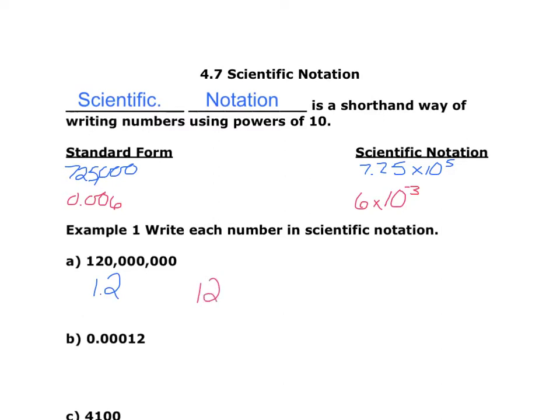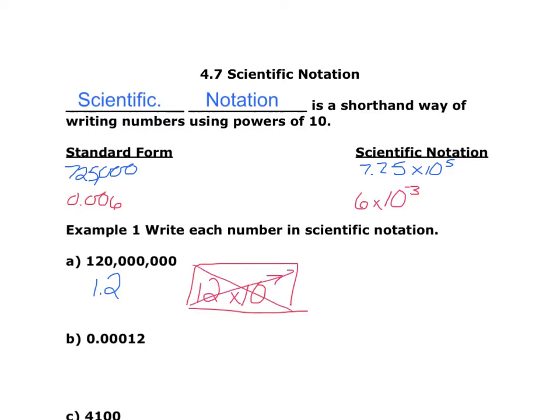They'll say 12 times 10 to the 1, 2, 3, 4, 5, 6, 7th power. Okay? We can't do this because my number that is out in front is not a number that is between 1 and 10. It has to be less than 10. There can only be one digit in front of the decimal place in scientific notation. So make sure that we do not do stuff like that.